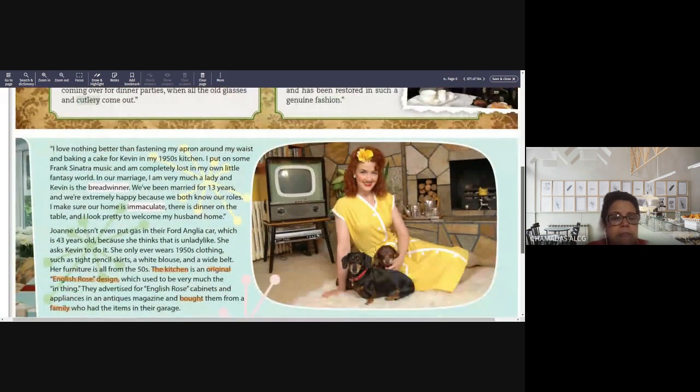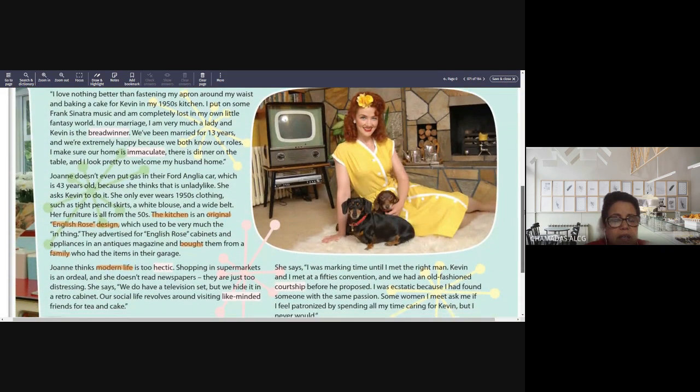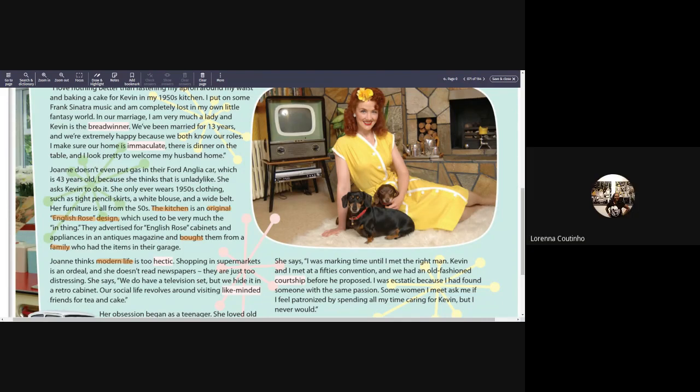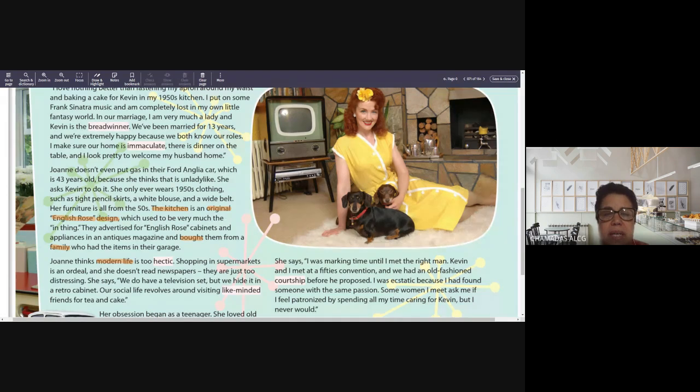Now here, we just have a few words. They are highlighted. The first one, Kevin is the breadwinner. What is the breadwinner? Any idea? Breadwinner is the person who works in the family, the person who makes money in the family.